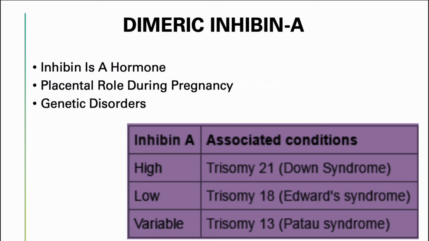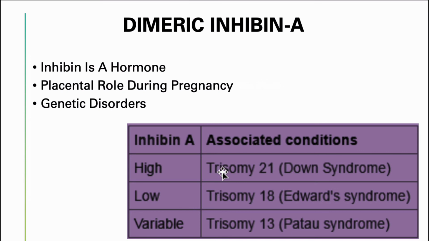Generally, you get this test done between 15 and 20 weeks, and you take this test, inhibin A, along with a few other things, and it ends up being part of the blood work.